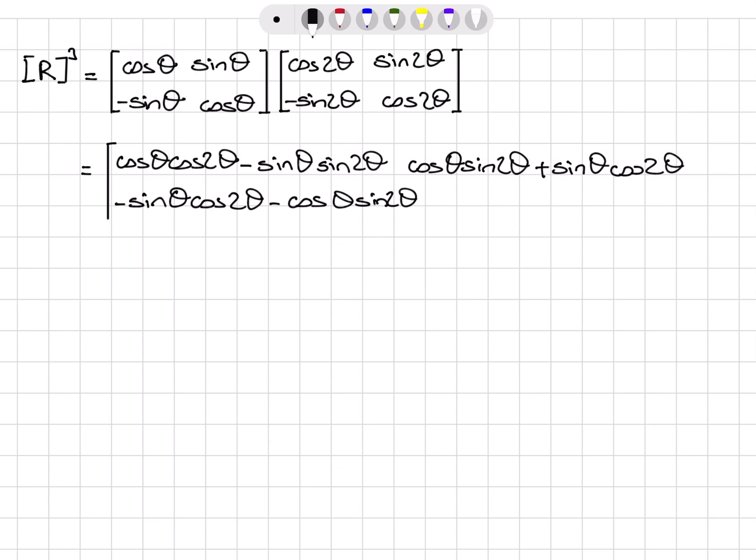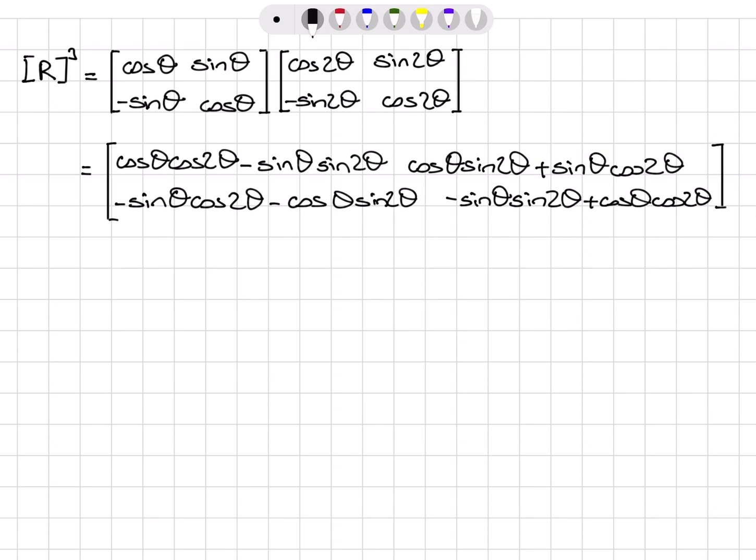And the last element is minus sine theta sine 2 theta plus cosine theta cosine 2 theta. This is our rotation matrix cube.